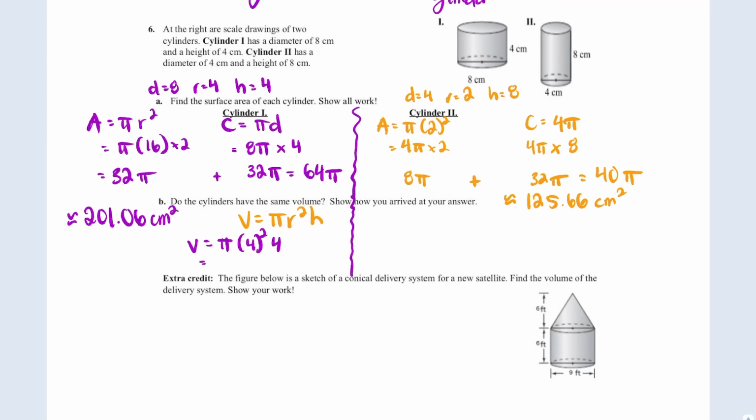So 64 times pi, which is approximately 201.06. And we are now in cubic centimeters.